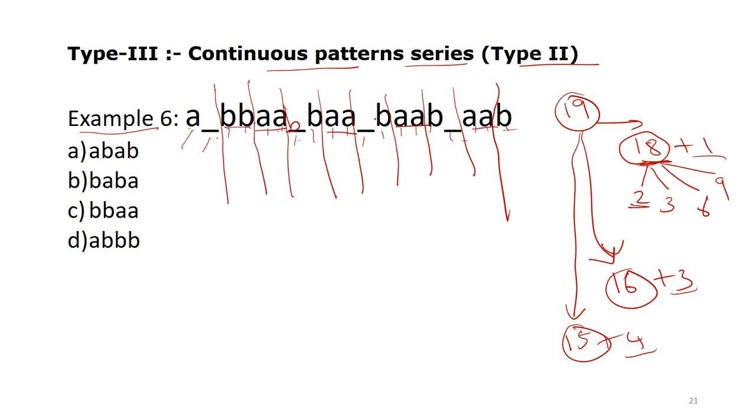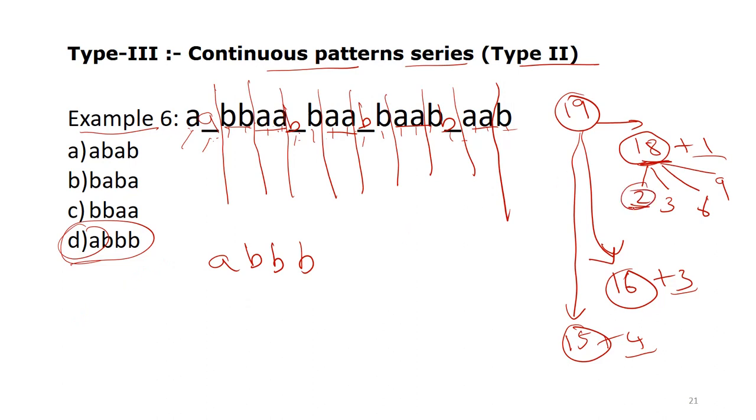So obviously B should come here, B here, B here. And before BB, AA is coming. So my answer is ABB, an A and 3 B's. Yes, option D is here. So I got the answer here.